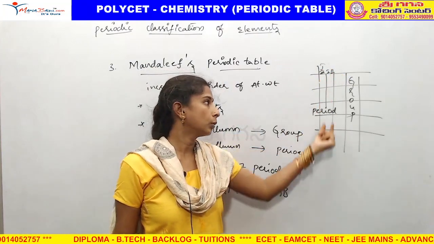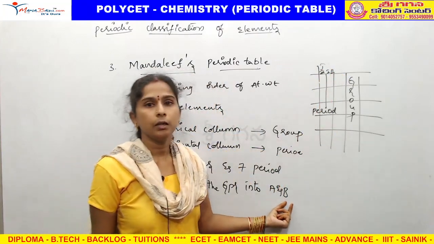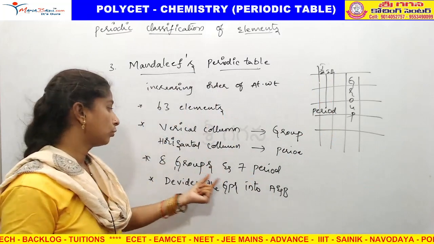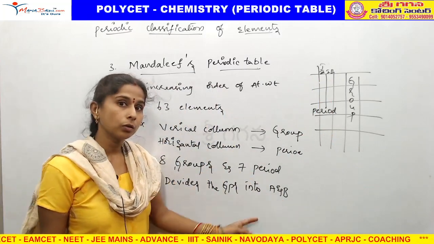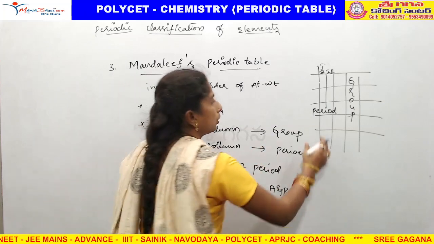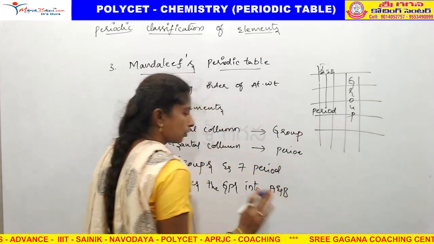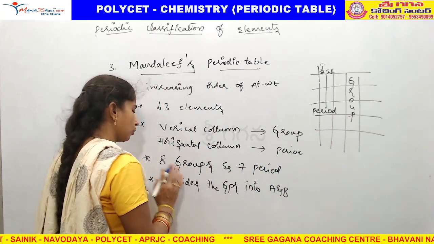He divided the group into A and B also, so 8 groups were divided into 8A and 8B. In total we can count 16 groups, but we should not call them 16 groups, only 8 groups.